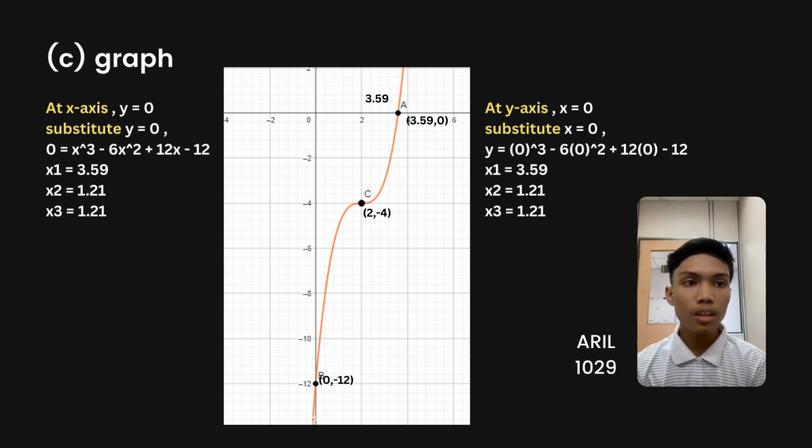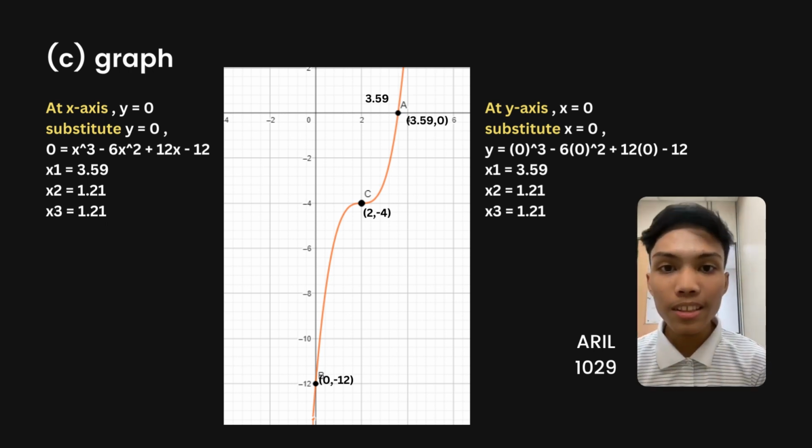So the answer is -12. After we get all the answers, we have to plot them on the graph and sketch it, and we can have the graph. Okay, that's all from me. Thanks for listening.